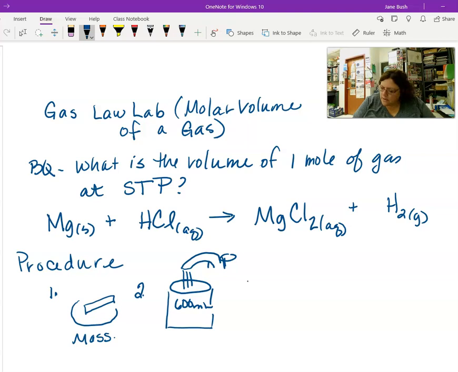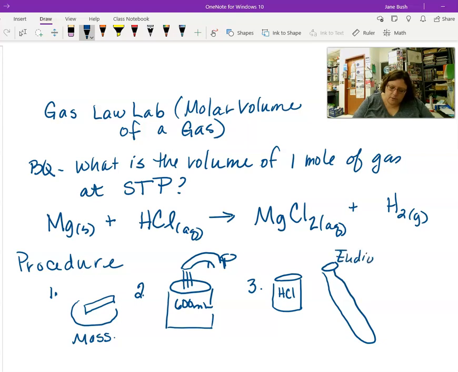Step 3, at the supply station, you're going to come up to the front of the room, you're going to get 10 milliliters of hydrochloric acid. Yeah, I know, hydrochloric acid again. And you're going to pour that into a very long gas collection tube. This gas collection tube is called a eudiometer. Everybody repeat that. Very good. I heard you all say it.